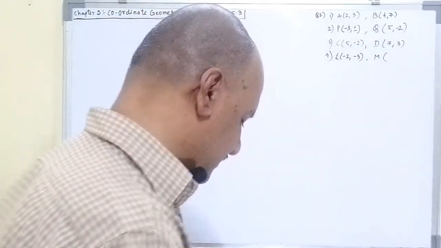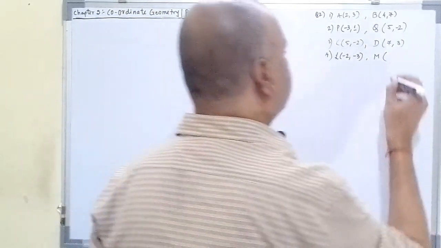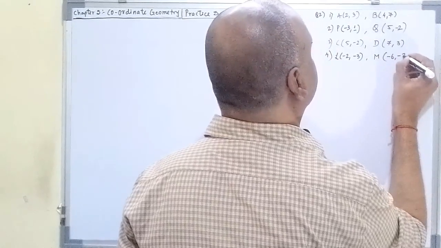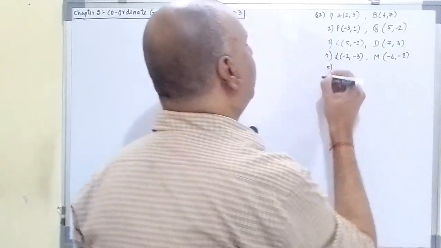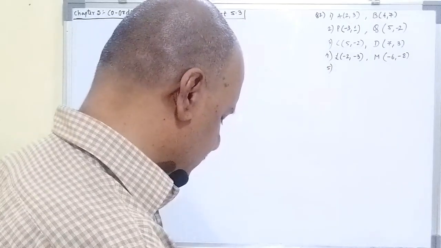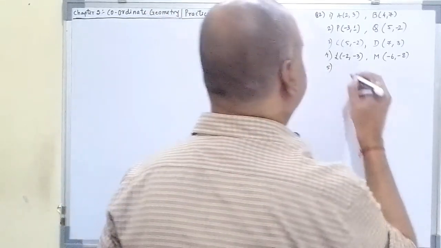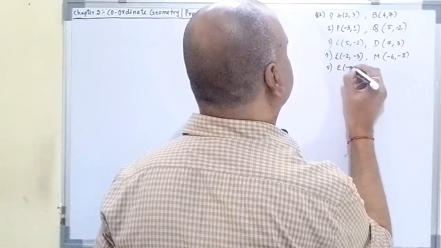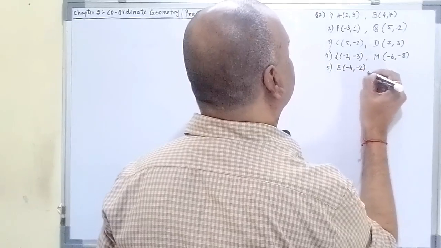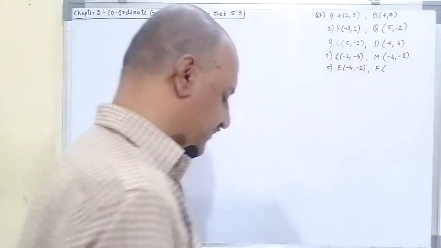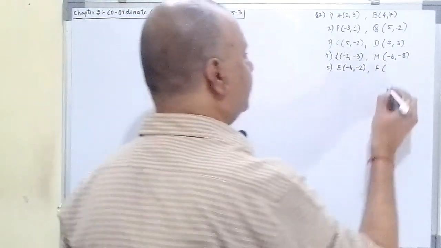M is -6, -8. Then 5, -4, -2. F is 6 and 3.